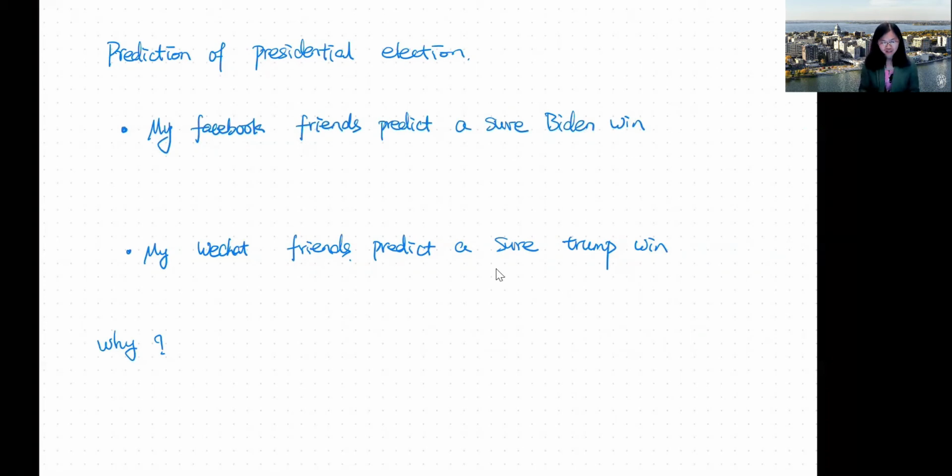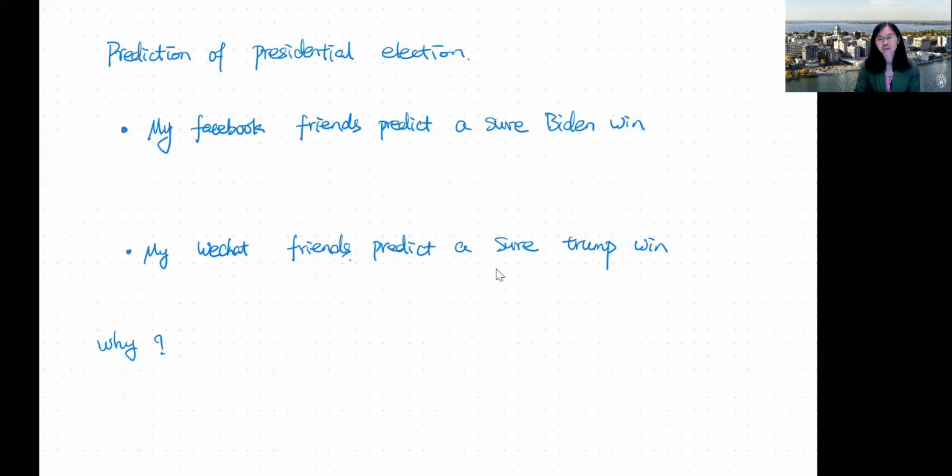So why is there such a difference? You can consider the predictions, my Facebook friends' prediction and my WeChat friends' prediction, both as estimators for the support rate of the two presidential candidates.